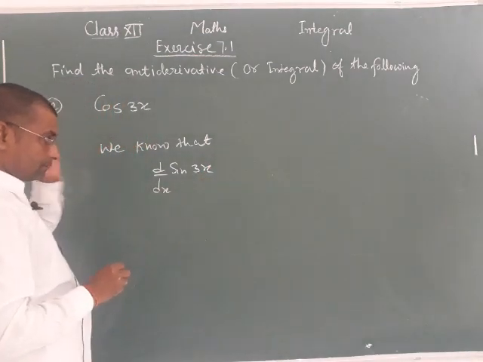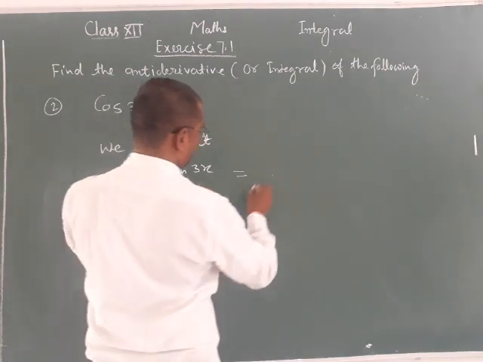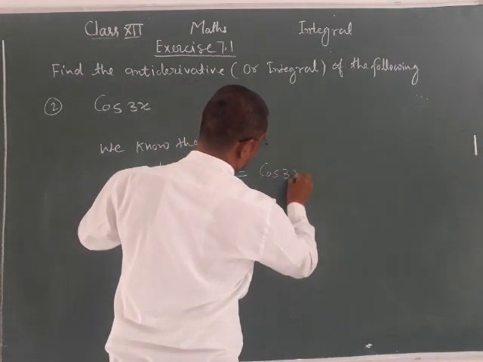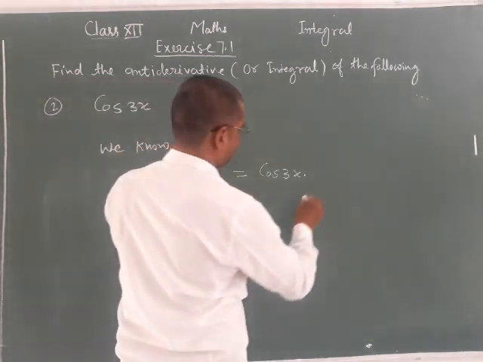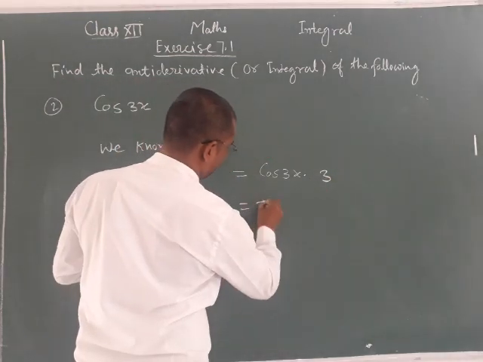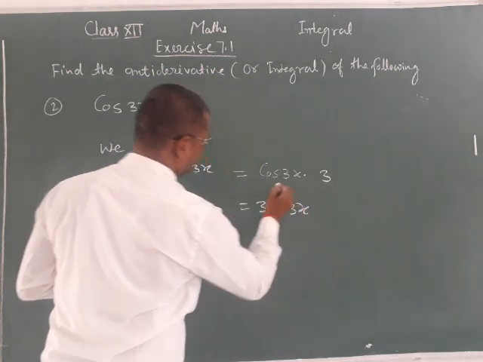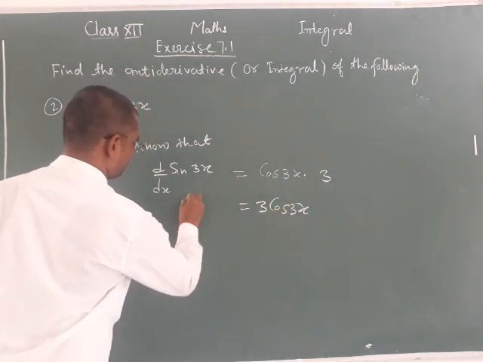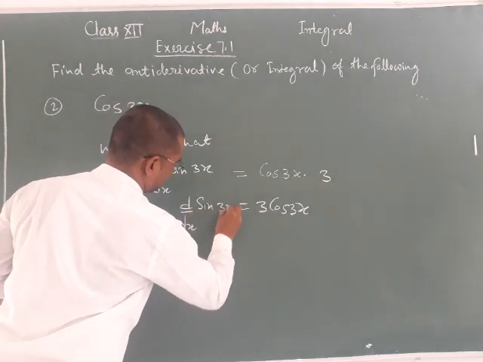So the derivative of sine 3x is equal to cos 3x into the derivative of 3x, which is 3. So 3 cos 3x is d upon dx sine 3x.